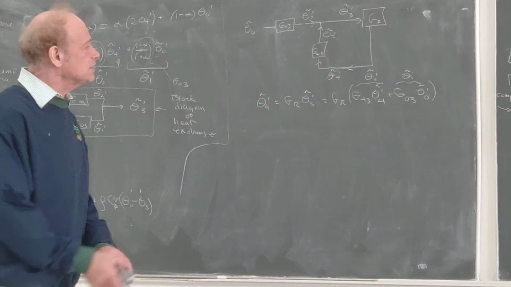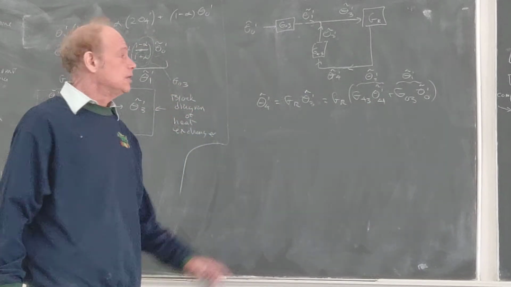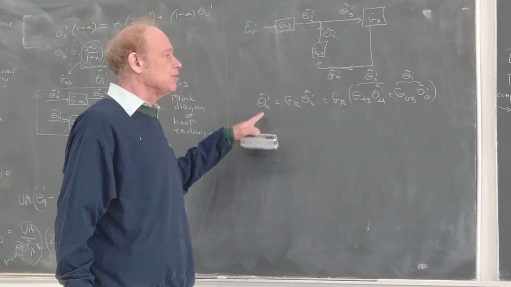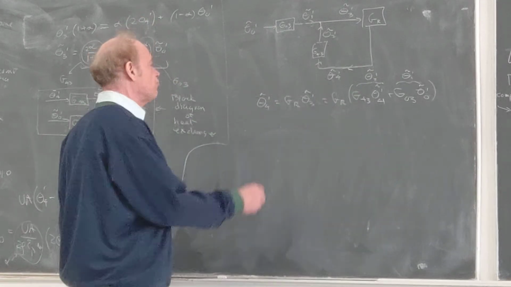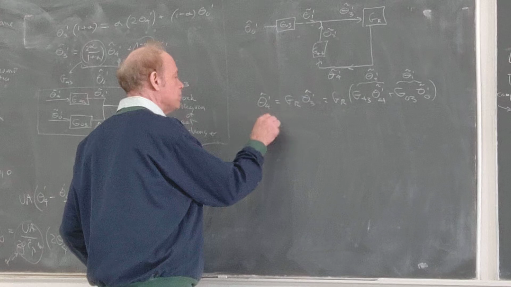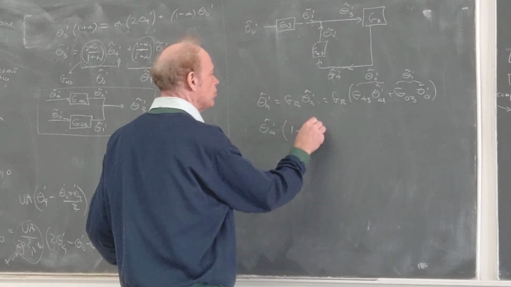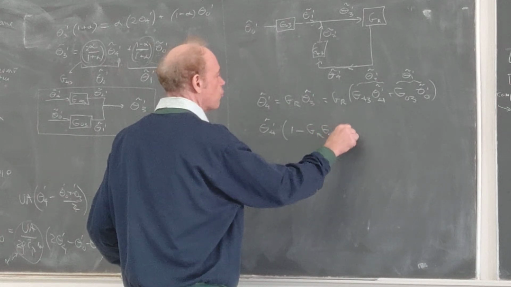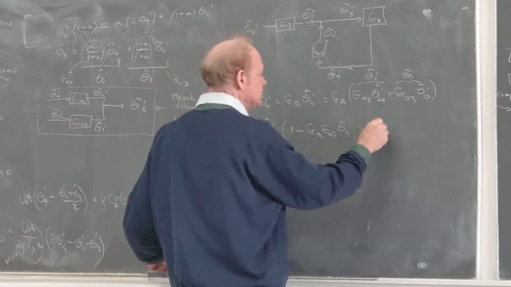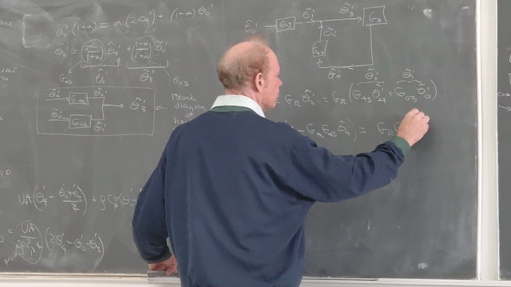Okay, so now let's notice that I've got a theta 4 prime on both sides of the equation. So I need to bring this to the other side, factor out the theta 4 prime, and divide. So I have theta 4 prime tilde times 1 minus GR G43 equal to GR G03 theta 0 prime tilde.